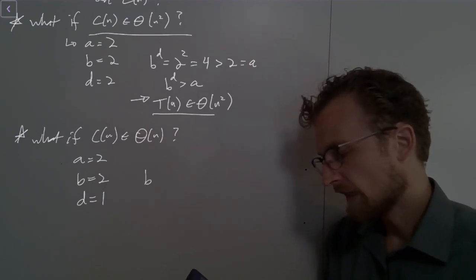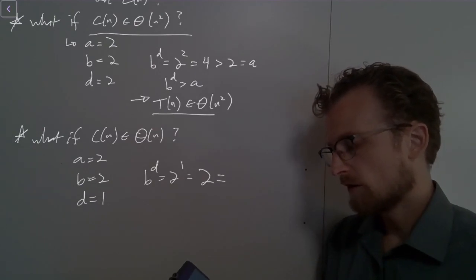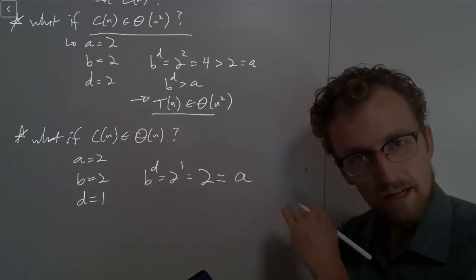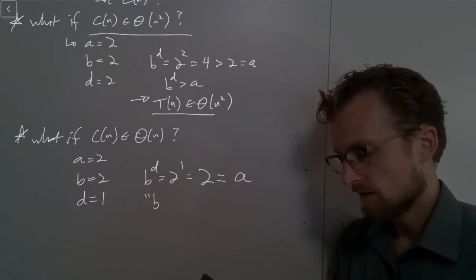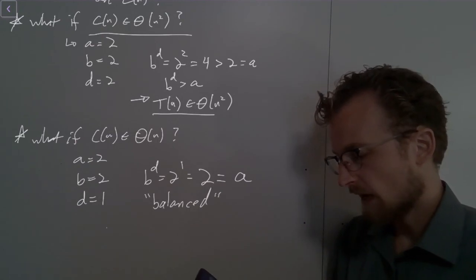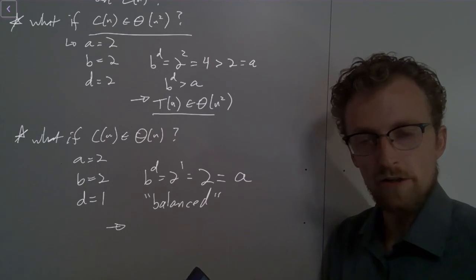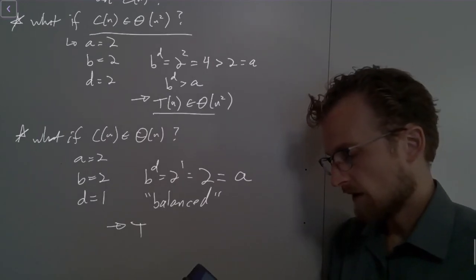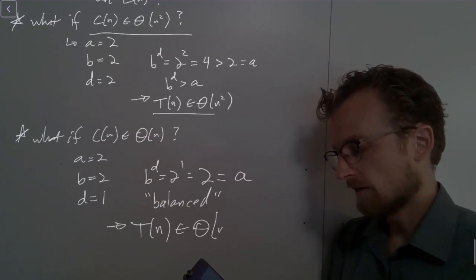And so B to the D is 2 to the 1, which is just 2, which equals A. We've got equals all the way across, so we're in the balanced case. And that would tell us that if indeed we can do our combining in linear time, then merge sort's complexity is n log n.